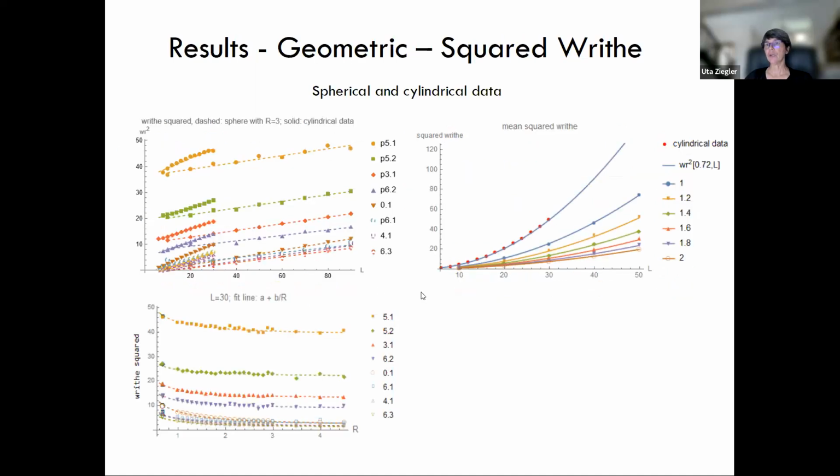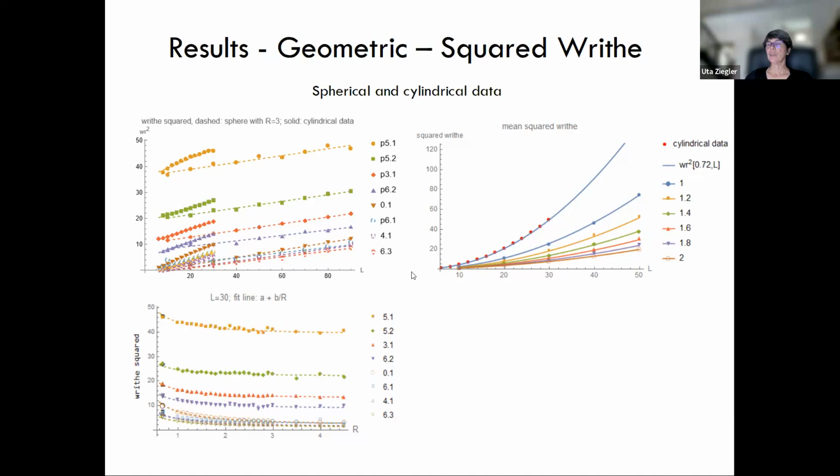We have the same behavior again in terms of the mean squared writhe, being linear for the individual knot types, but for the phantom increasing basically as a function of L squared.